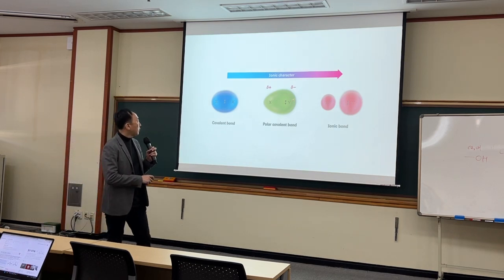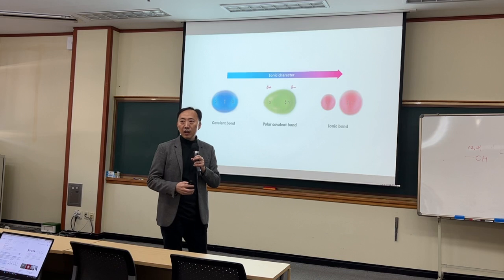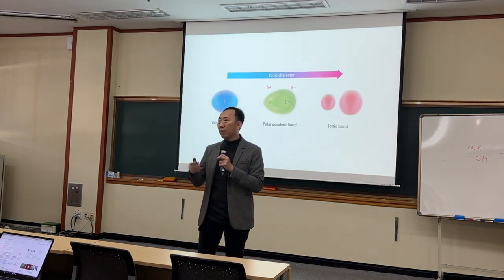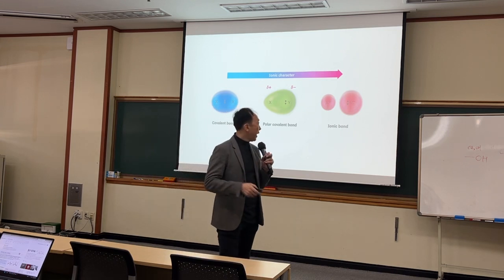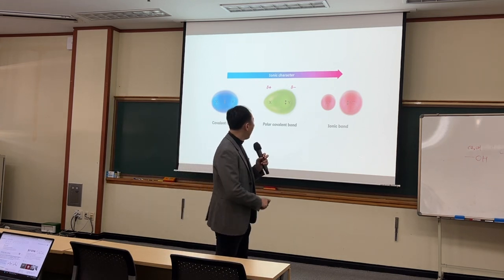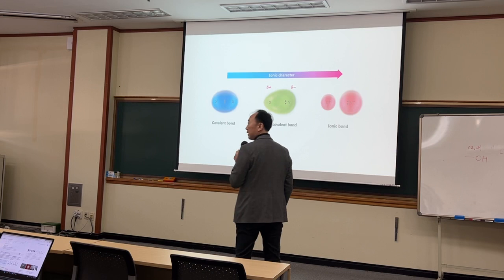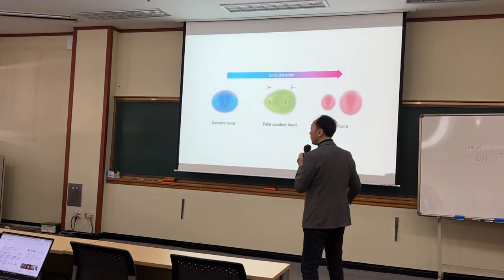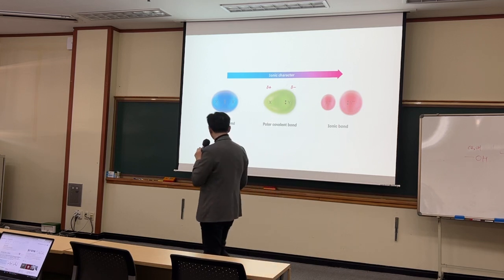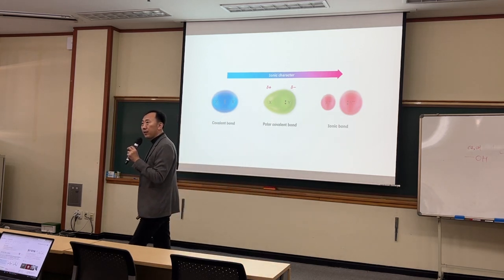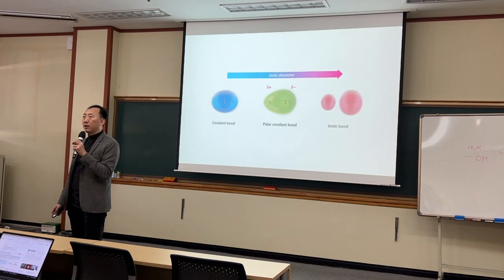But if one of them is a little more attractive for the electrons, now that balance is broken and charge separation happens. In the extreme case, one is fully negative and one is fully positive. That kind of system we call ions, and that bond we call an ionic bond.